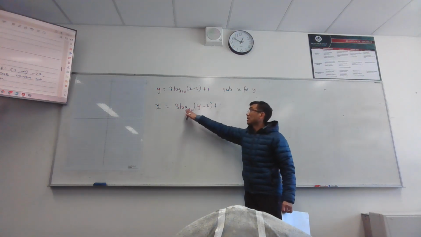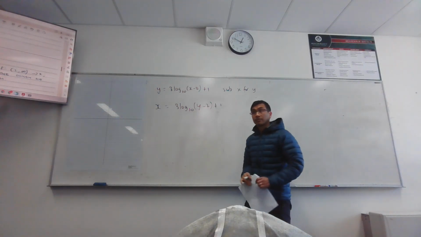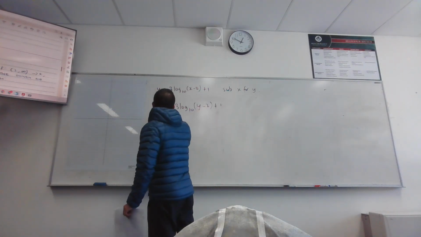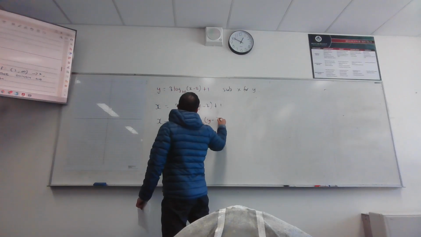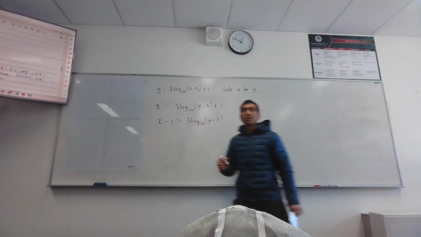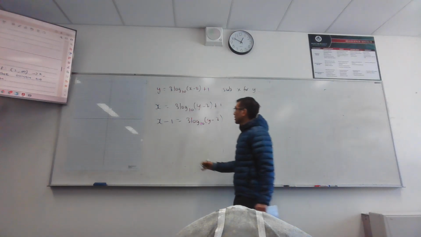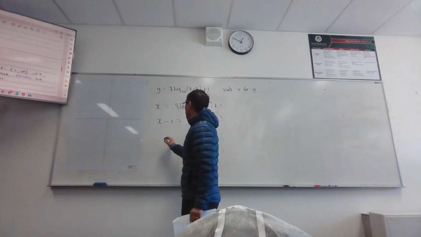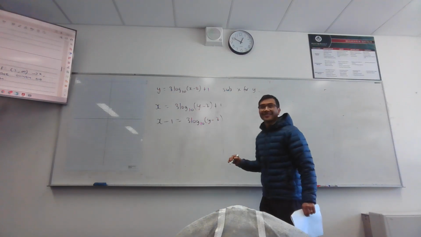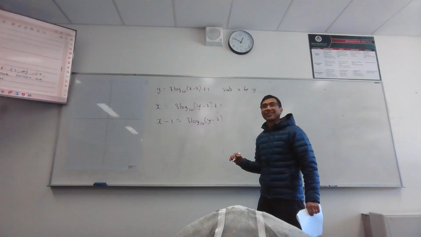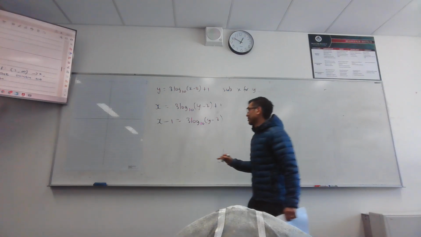Is it the 2, the 10, the 3, or the 1? Take away the 1. What's my next thing, Zach? Which one is it, Zach? Have a go. Divide by 3? Excellent.